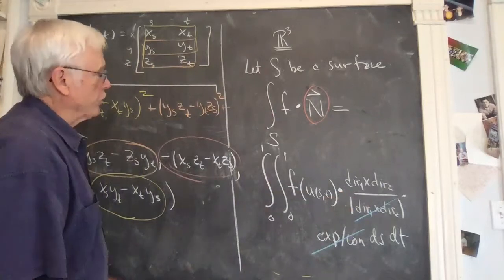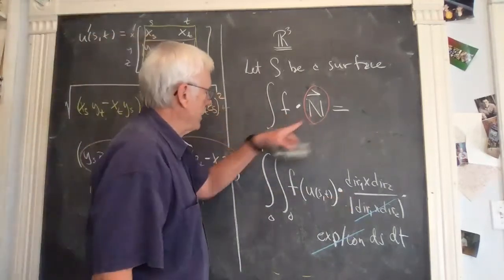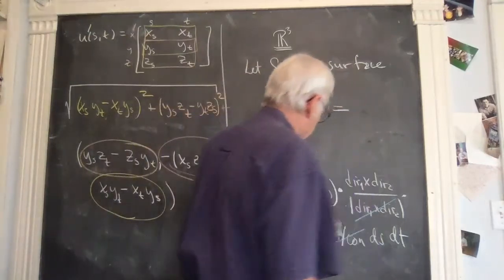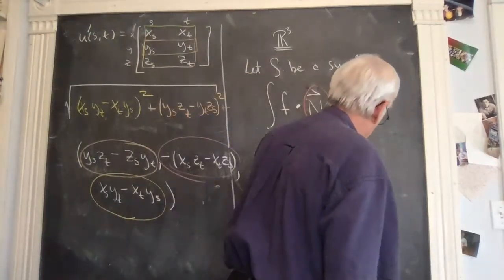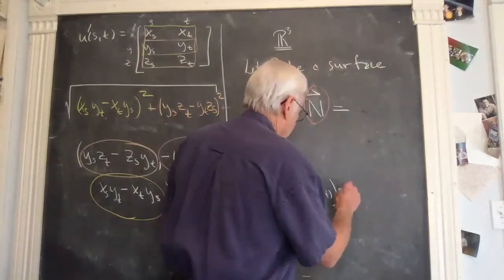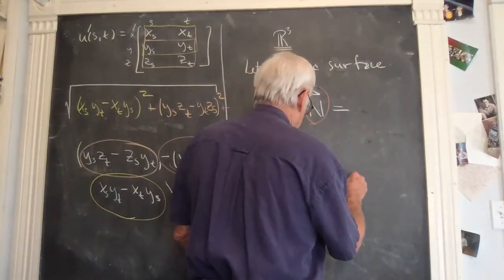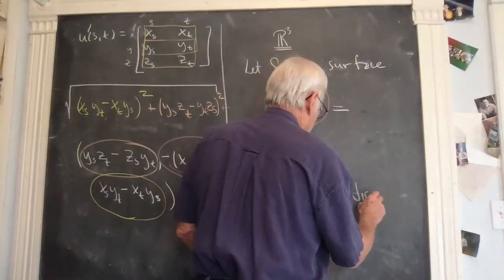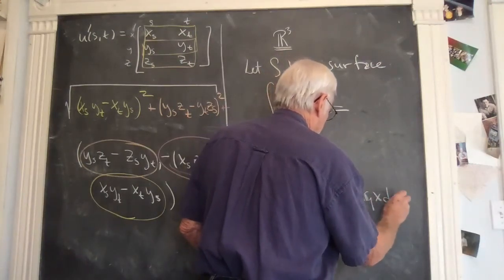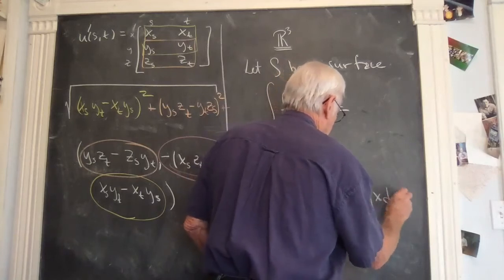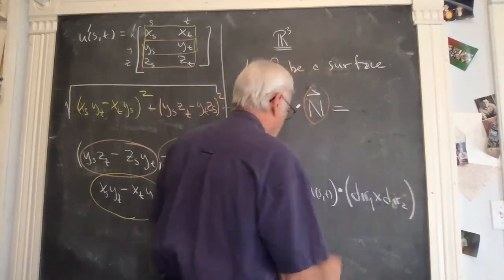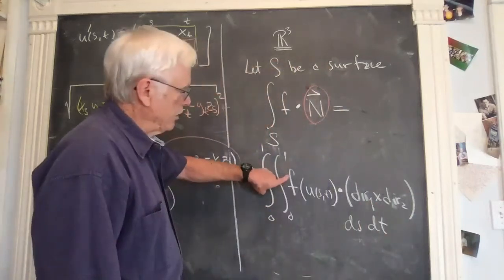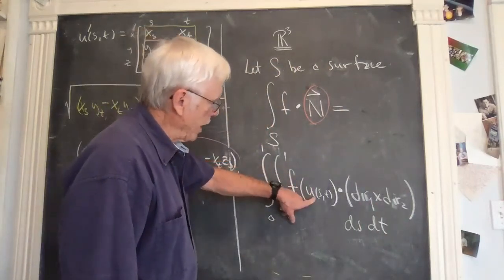So the surface integral, F dot n over the surface, is equal to the vector field evaluated on the surface.